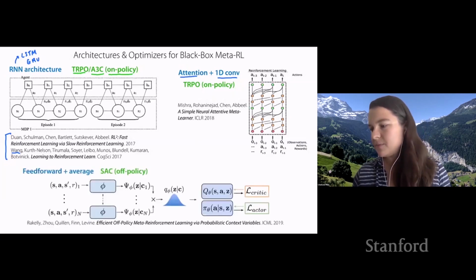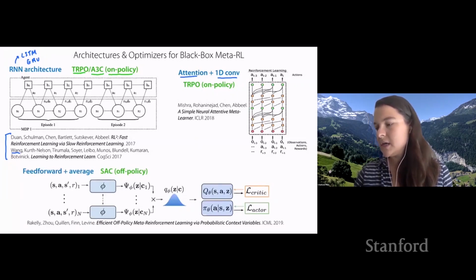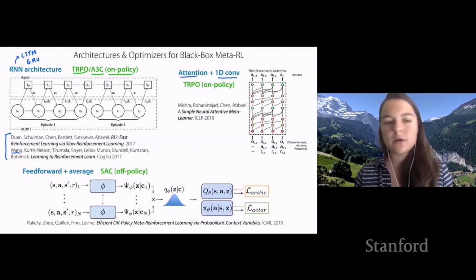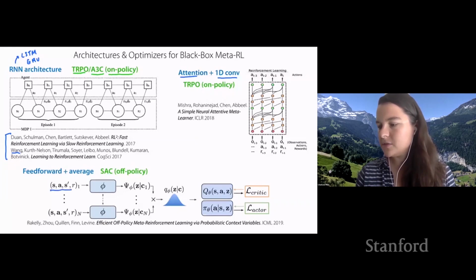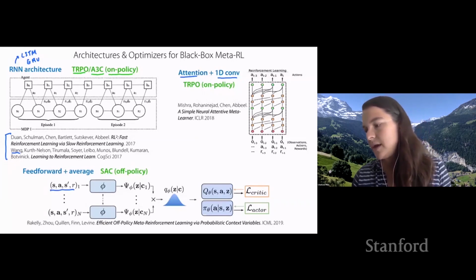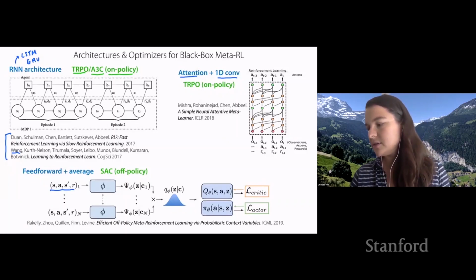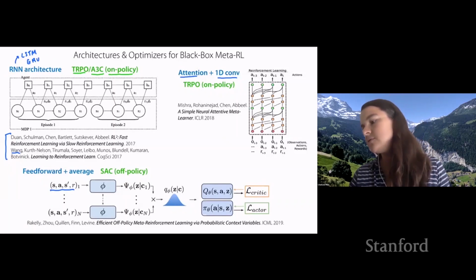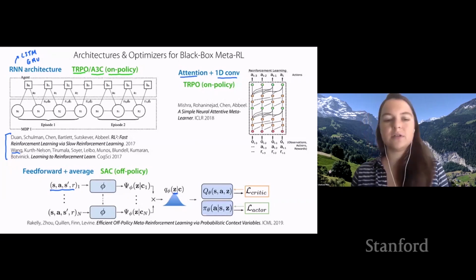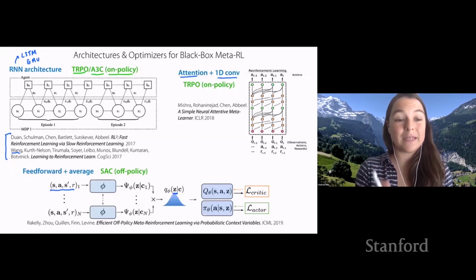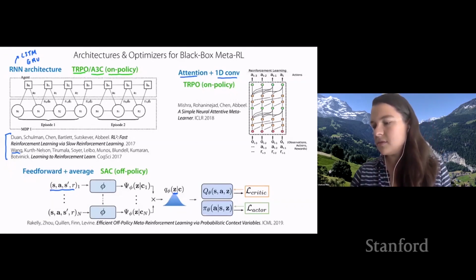And then the last example that I'll mention is this architecture right here. It's actually a feed-forward architecture where it passes transitions into a single feed-forward neural network and then integrates those to produce a single context Z, or a single embedding Z based on this context here.